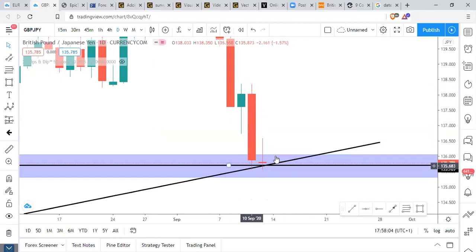Then this is a hanging man that is forming on a support. So I'm expecting price to break this support and fall down. But peradventure price doesn't break here, I'll follow the buy. But if it breaks, I'm going to follow the sell.